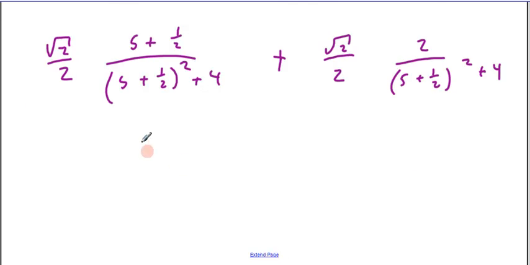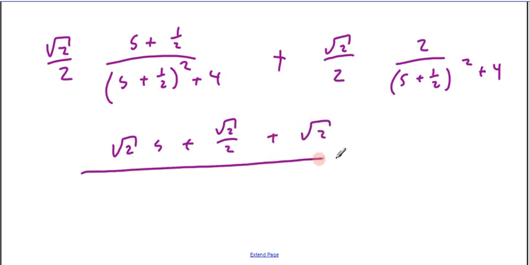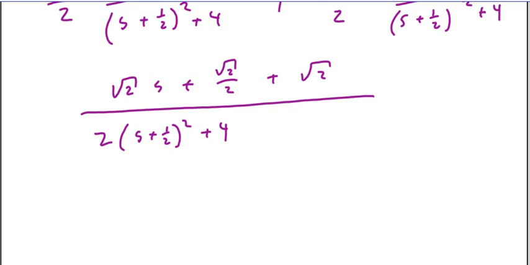I'll put the 2 on the bottom, and I've got square root of 2 times s plus square root of 2 over 2 plus the square root of 2 on top. And on the bottom, I've got 2 times s plus 1/2 squared plus 4. Okay, so that looks pretty good. We're going to multiply the bottom out, and take the square root of 2 out of the top.